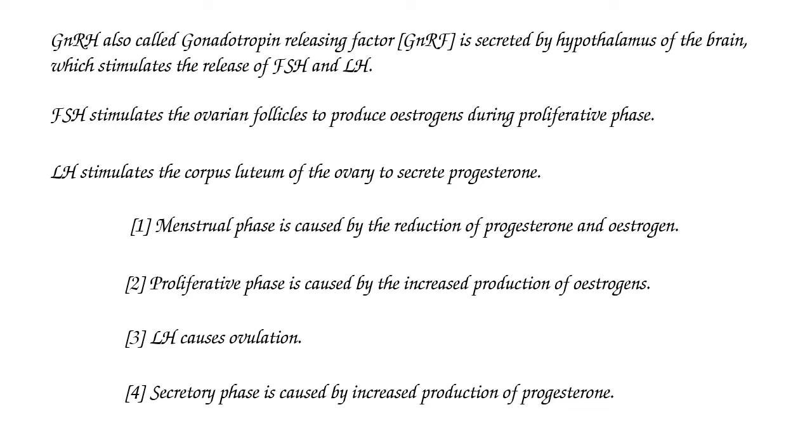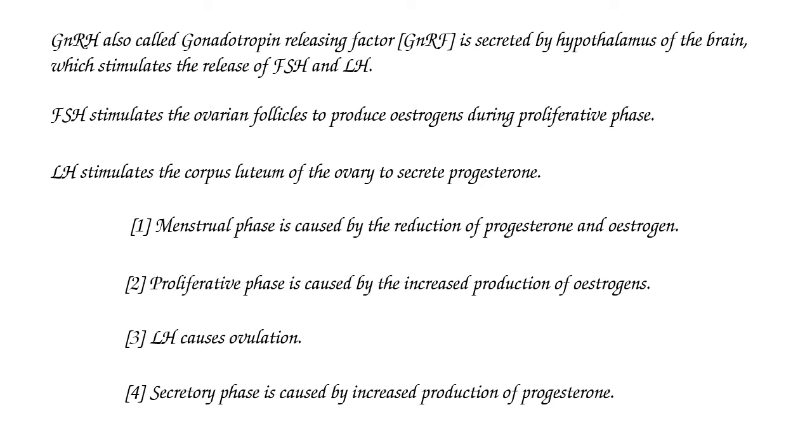GnRH, gonadotropin releasing hormone, also called gonadotropin releasing factor, GnRF, is secreted by the hypothalamus of the brain, which stimulates the anterior pituitary gland to release gonadotropins, that is follicle stimulating hormone and luteinizing hormone.